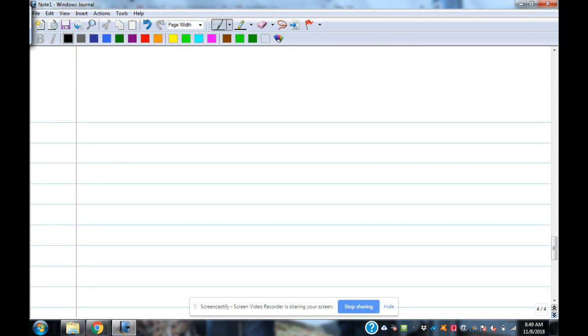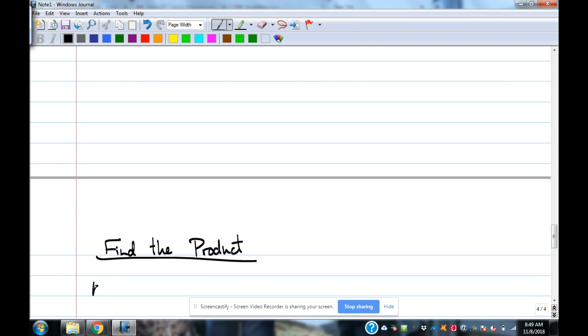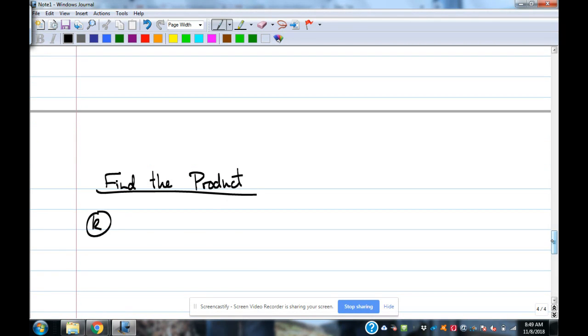Okay, so let's look at find the product. Remember, product is the answer to a multiplication problem. Remember in elementary school, when you multiplied fractions together, something like 3 over 28 times 21 over 18.